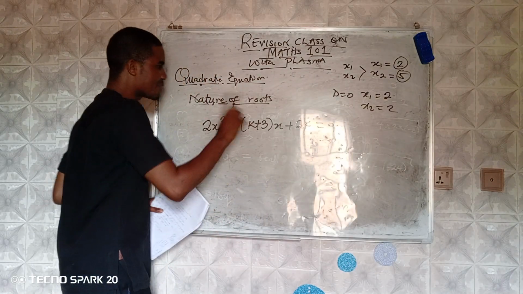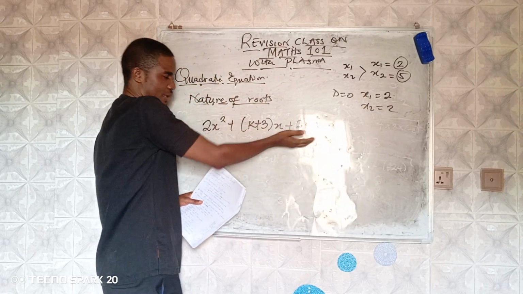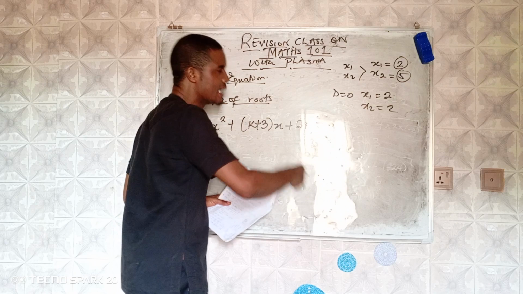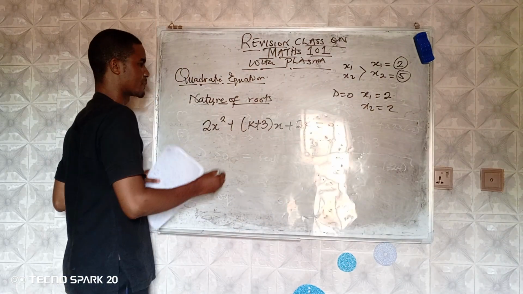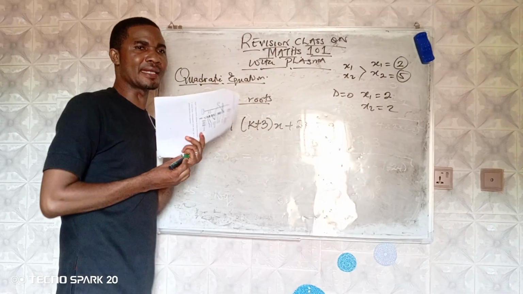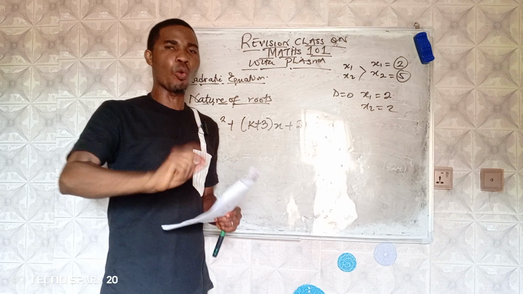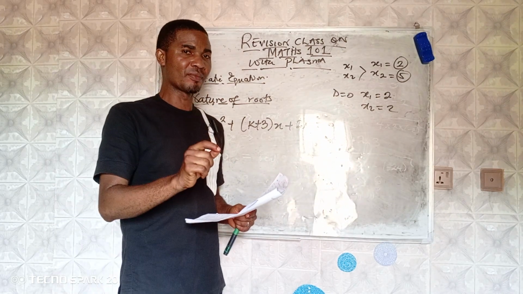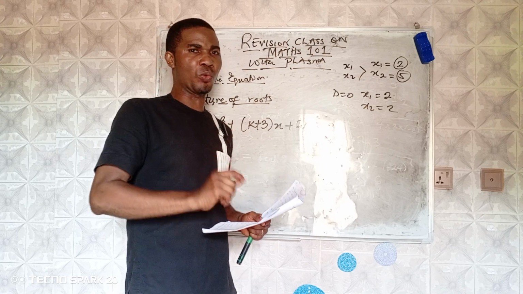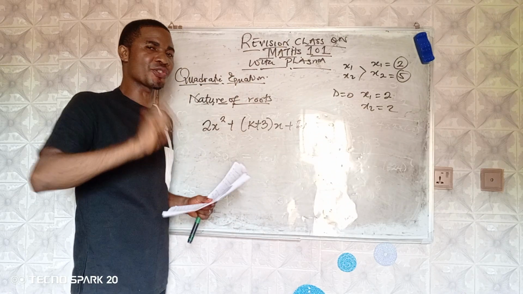It means that we should find what the value of k will be, so that if you factorize this equation, the value of x1 and that of x2 will be the same. The condition for the roots of a quadratic equation to be equal says that D must be equal to 0.